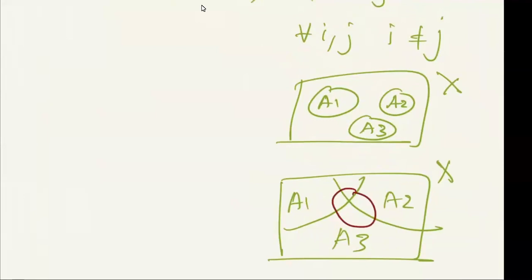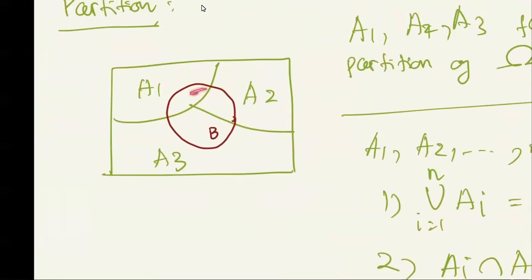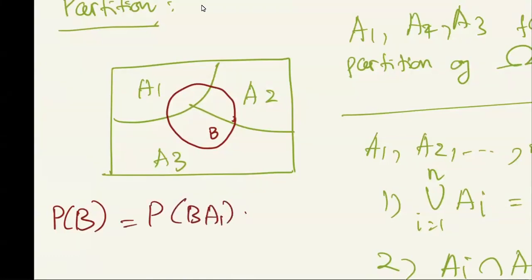For example, if you have the B here, you cannot really do that. You cannot take the probability of B intersect with A1 plus the probability of B intersect with A2 plus the probability of B intersect with A3. If you do that here, it will not give you the probability of B because you count this part twice. However, if you have a partition, it comes out really nicely. The probability of B is just the probability of B intersect A1 plus B intersect A2 plus B intersect A3.